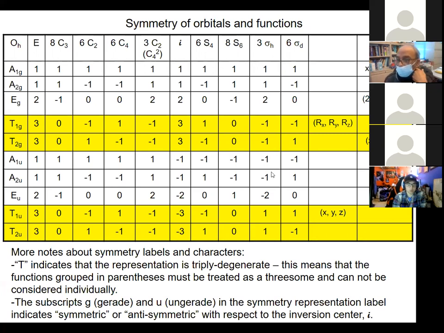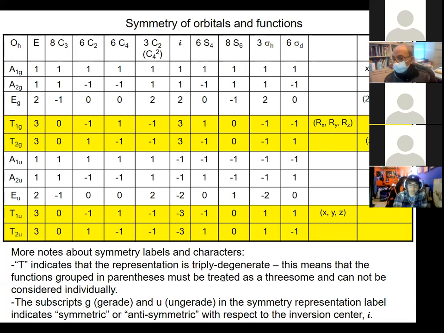Remember, if you have a prime and a double prime, that is when the sigma h becomes important. But here we don't have anything with a prime and double prime, so we don't have to worry about the effect of sigma h. In this character table, the most prominent thing is your center of inversion. That is the one that distinguishes between Gerade and Ungerade. So basically that's summarized here at the bottom.